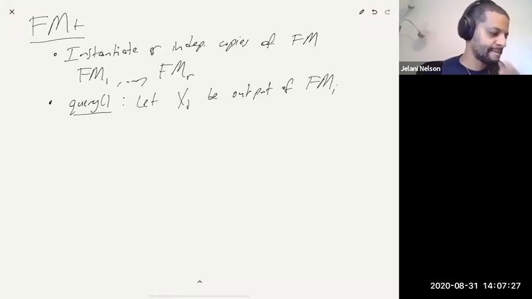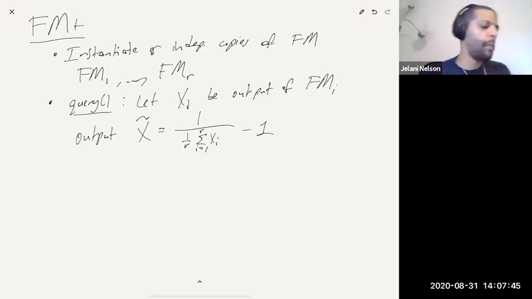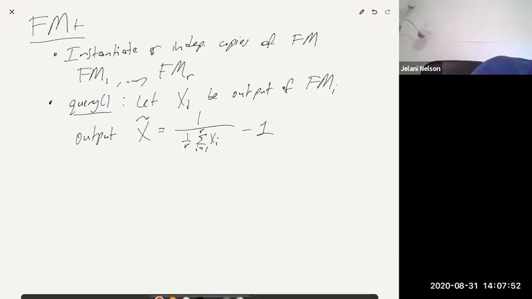We're going to output t tilde to be equal to 1 over the average of the xi's minus 1.